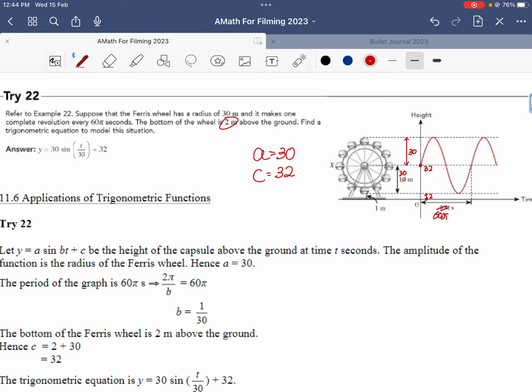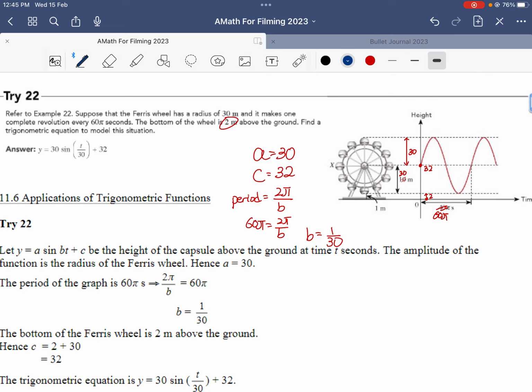So let me change this value here to 60 pi. As we know, period is equal to 2 pi over b. So the period is 60 pi equals 2 pi over b. So my b value is equal to 1 over 30.